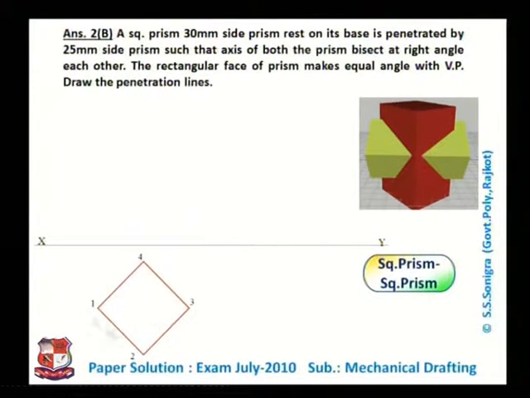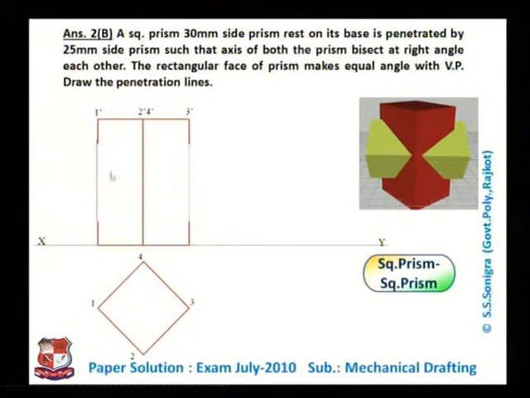Name the endpoints 1, 2, 3 and 4, and from these points draw straight vertical lines. Height is given to us. According to the given height, that is not given in this data, so we assume any convenient height and draw its front view. In front view, it would appear as a rectangle. This edge would be visible as shown over here.